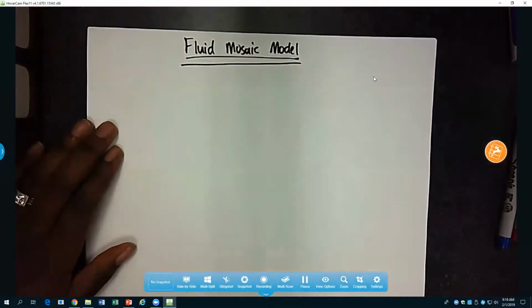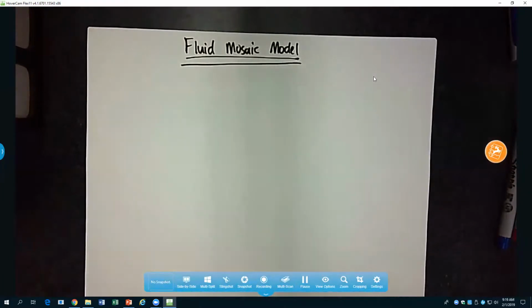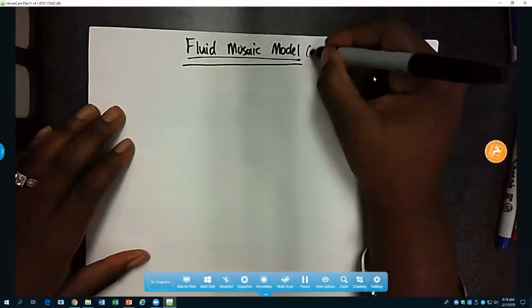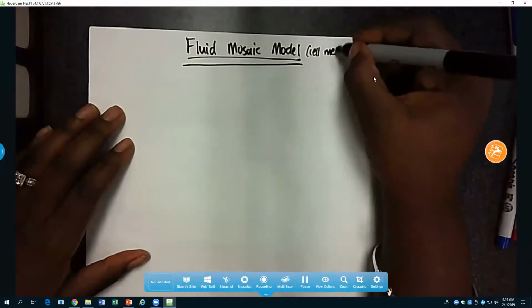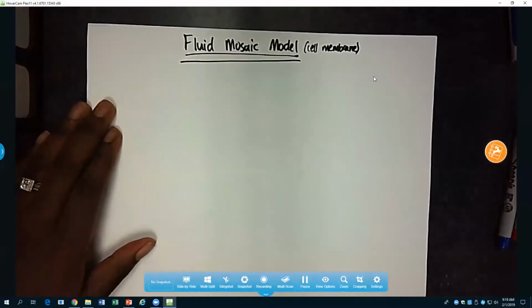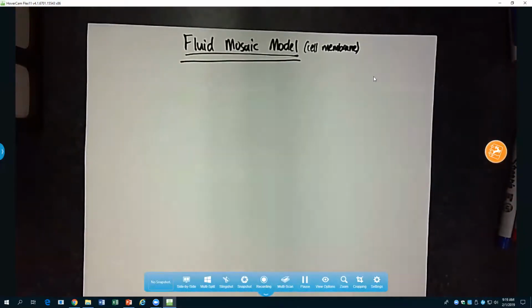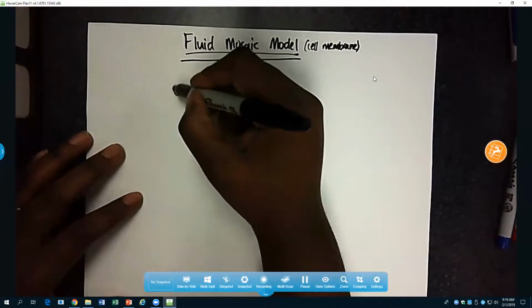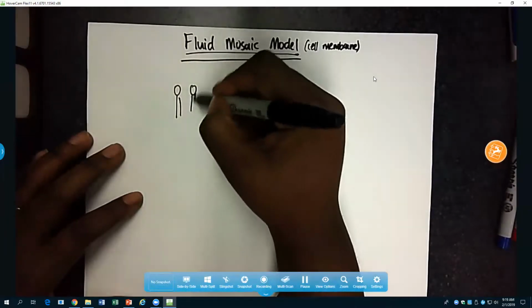Now the word fluid here implies what about the cell membrane? What does the word fluid imply? Anyone? What do you think of when you think about fluid mosaic?